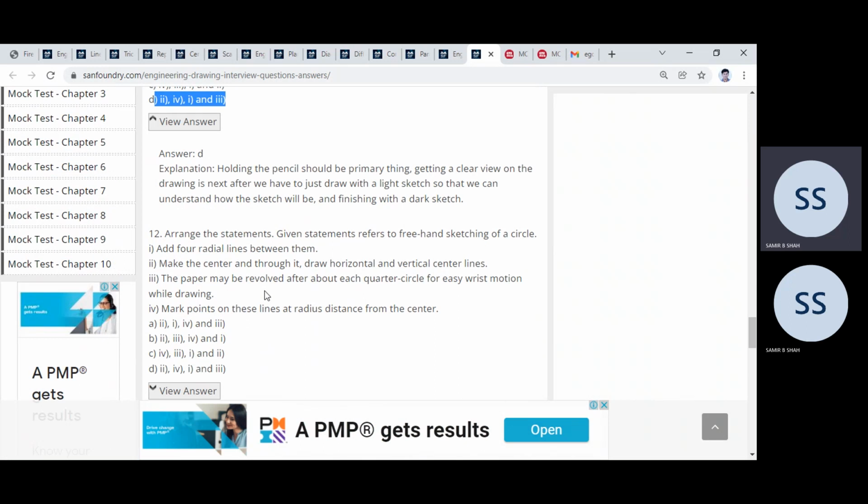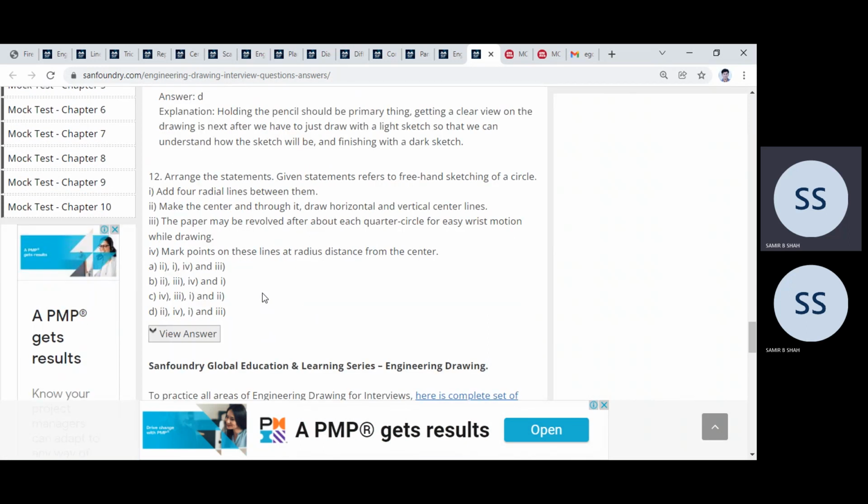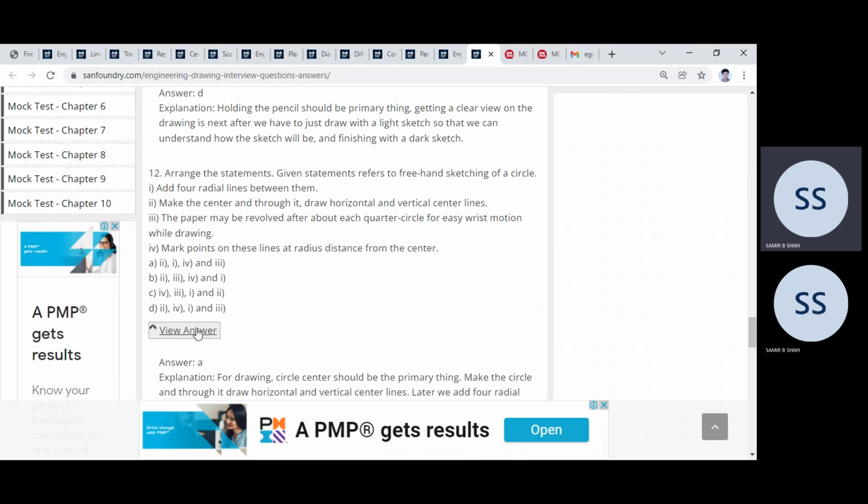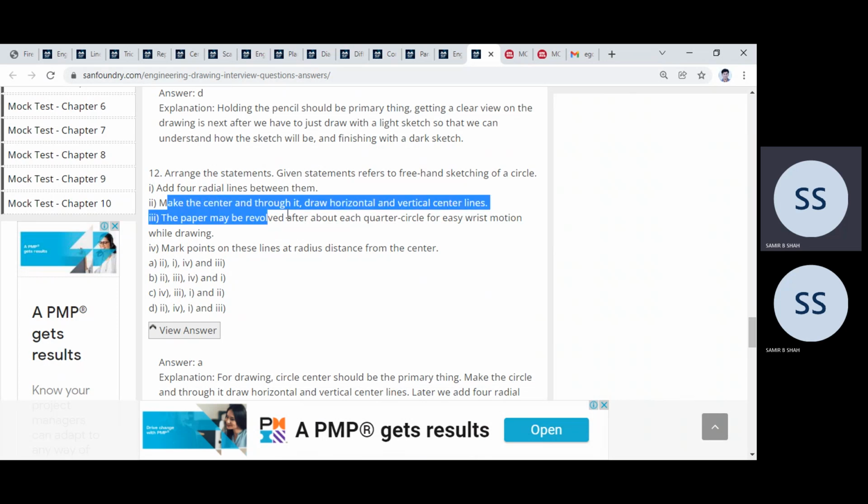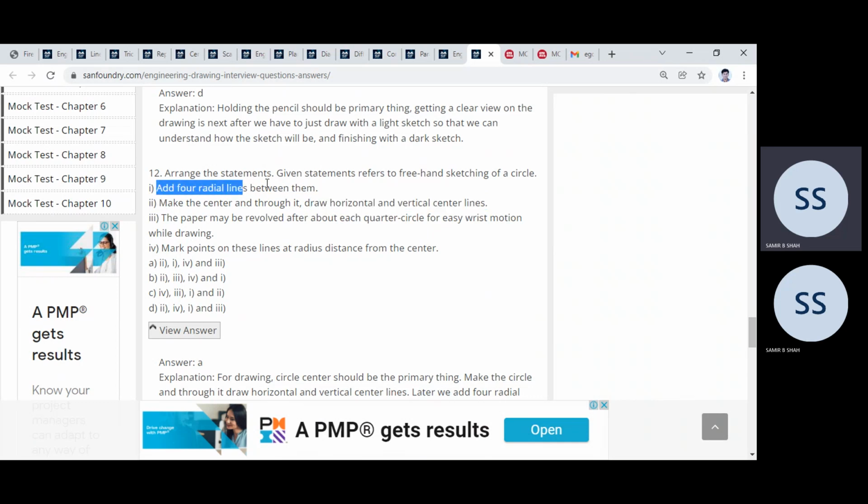Last question. The given statements refer to freehand sketches of a circle. Now, if we have to draw a freehand sketch of a circle, how will we do it? First, mark the center. Draw horizontal and vertical center lines. After that, we have to add four radial lines between them.